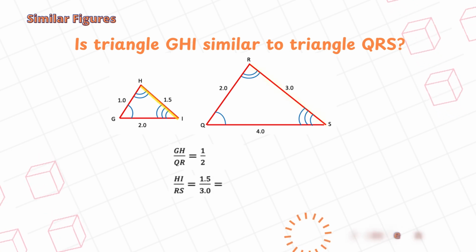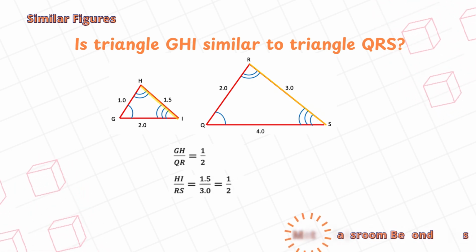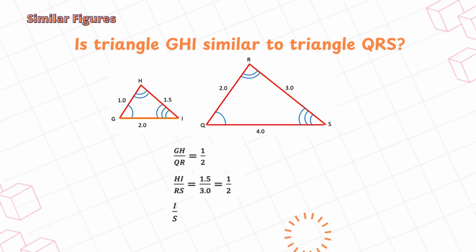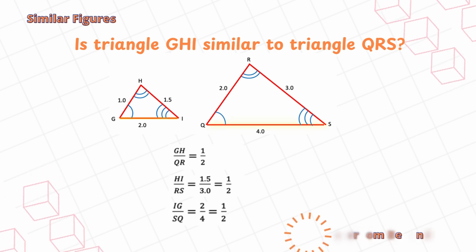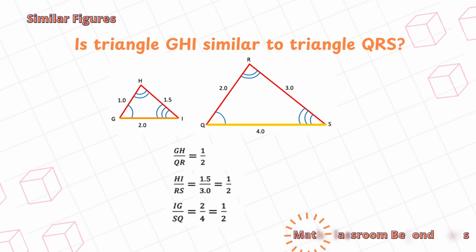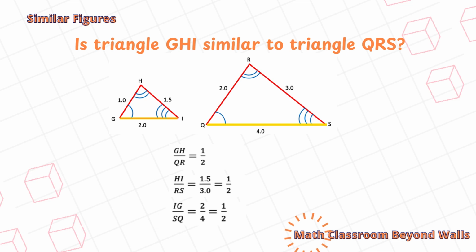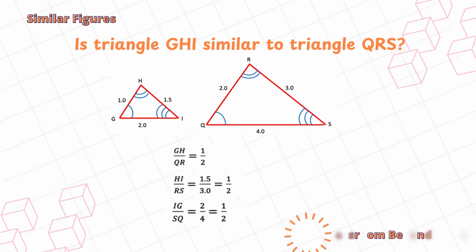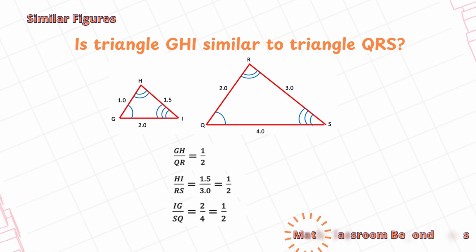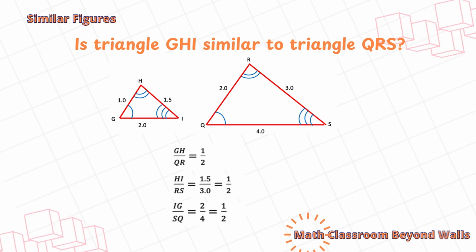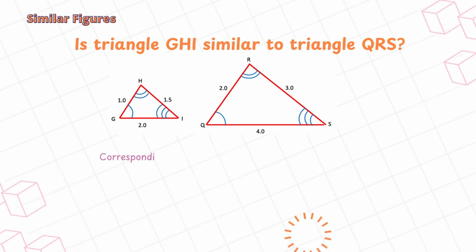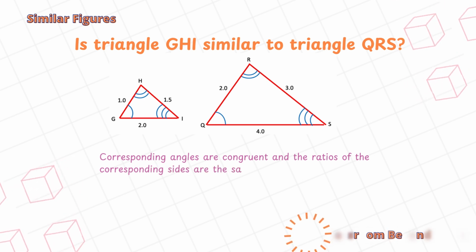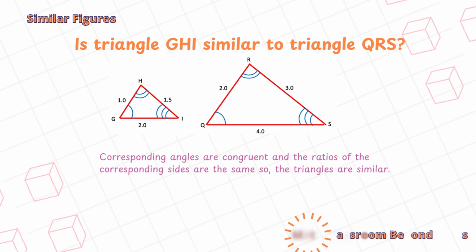HI over RS equals 1.5 over 3.0 equals 1/2. And IG over SQ equals 2 over 4 equals 1/2. From here, we see that the ratios of the corresponding sides are the same. So both conditions for similarity are satisfied. That is, corresponding angles are congruent and the ratios of the corresponding sides are the same. So the triangles are similar.